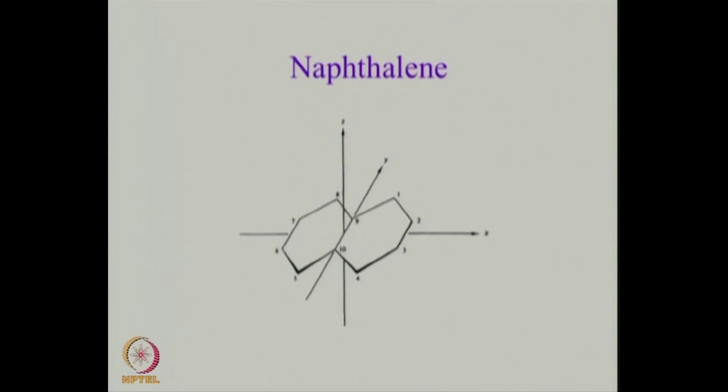What are the symmetry species in D2H? What is the totally symmetric symmetry species? AG, right. And then you have B1G, B2G, B3G, then you have AU, B1U, B2U, B3U. Good. What is the good thing about D2H?